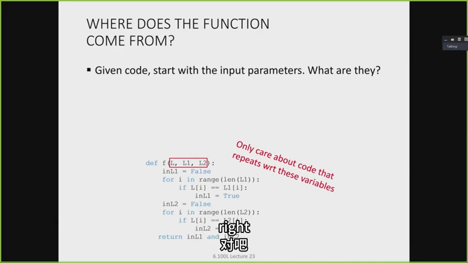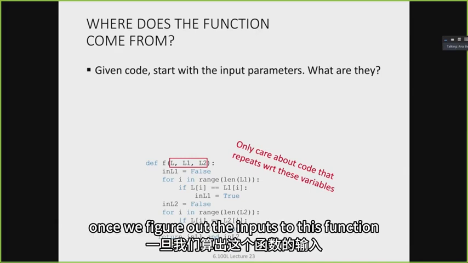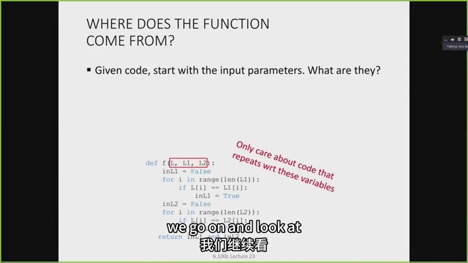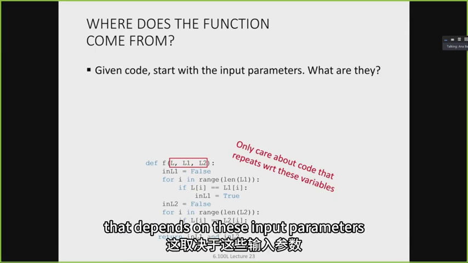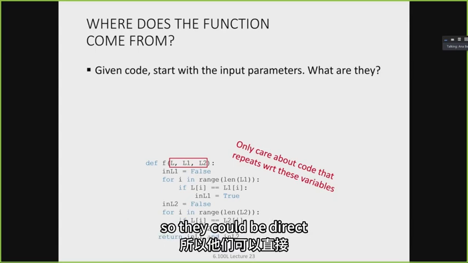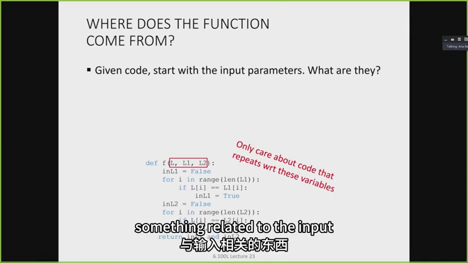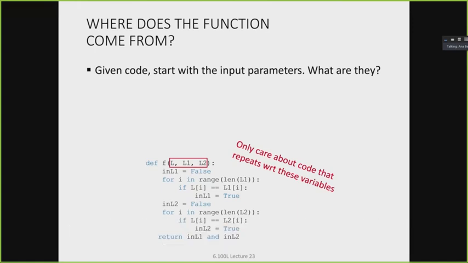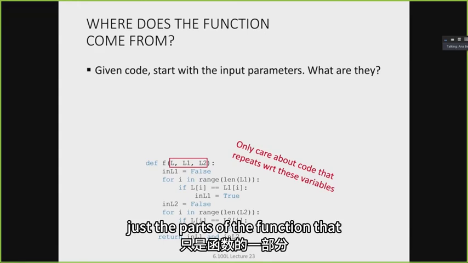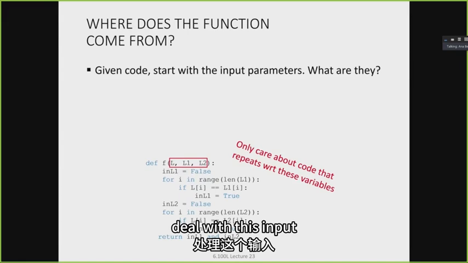Once we figure out the inputs to this function, we look at everything within the code that depends on these input parameters. They could be direct, like a loop that goes over something related to the input, or indirect, as we're going to see in some examples later today. We basically look at just the parts of the function that deal with this input.